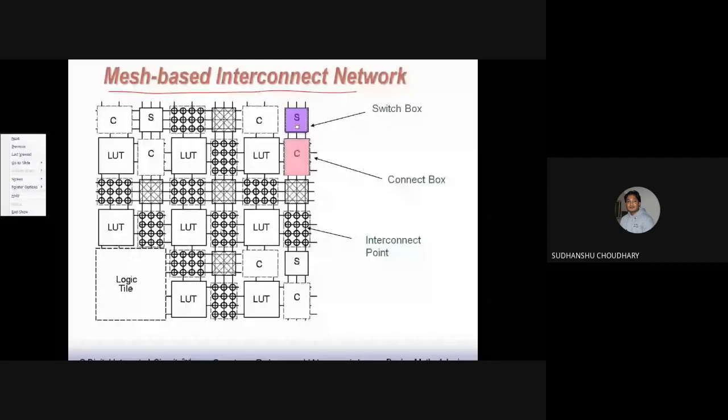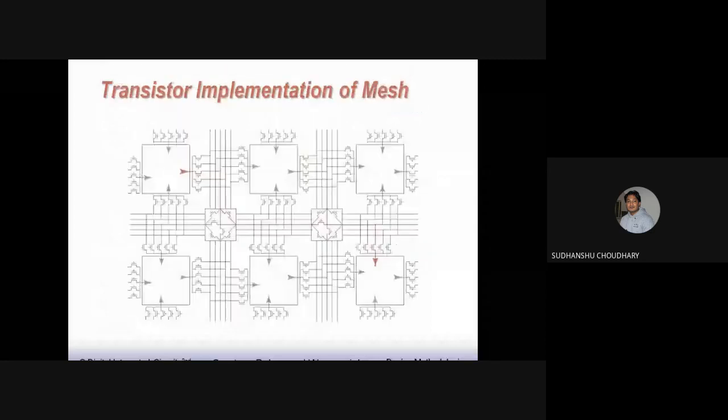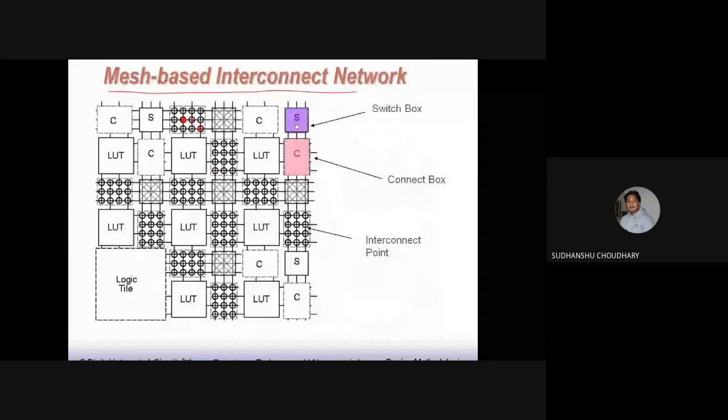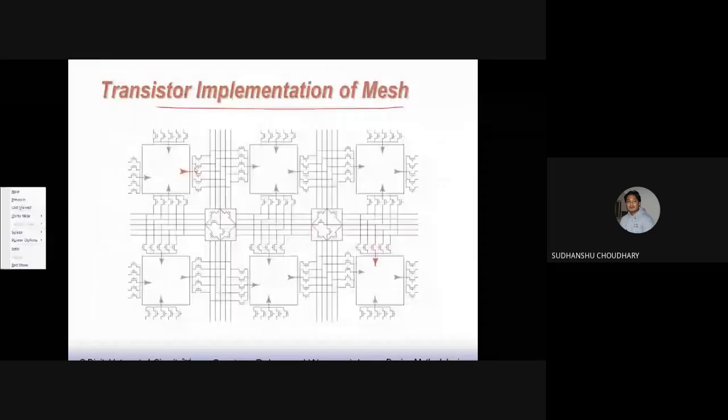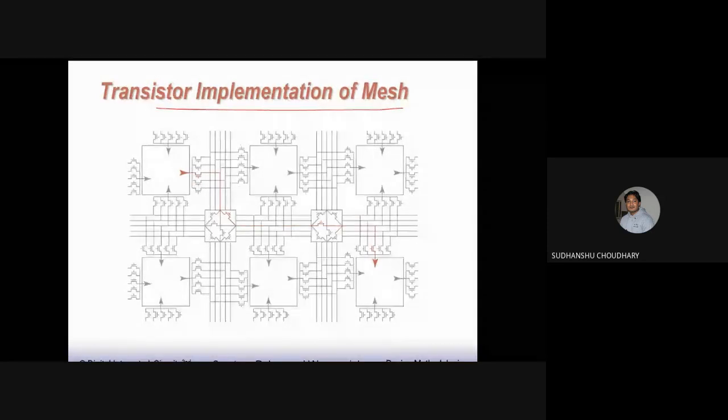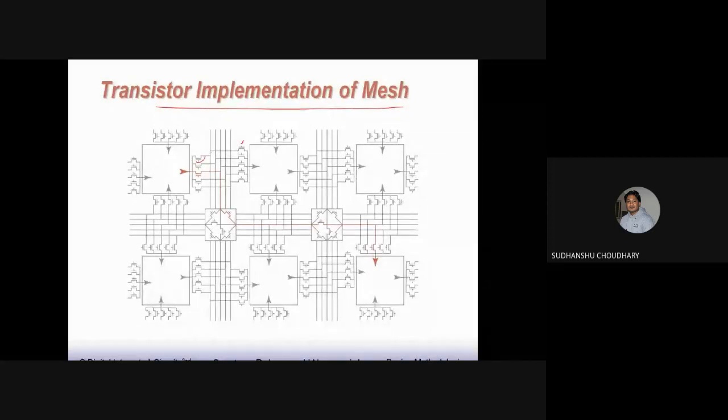That is, each junction is associated with a transistor. So apply a high VDD at the gate of the transistor at the junction, and then the connections can be established. This is the transistor implementation of the same mesh, which has been shown over here. So for example, these two transistors' gates can be applied high VDD to make a connection between the wires.